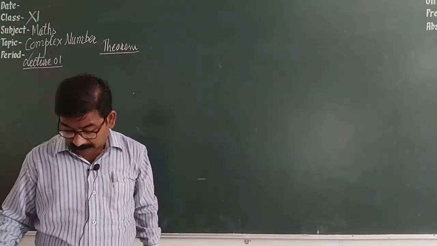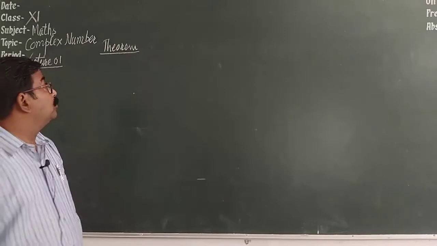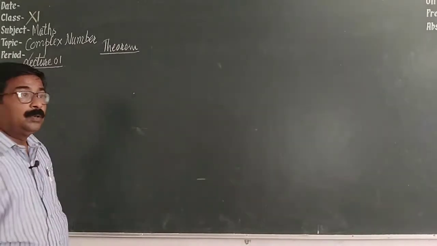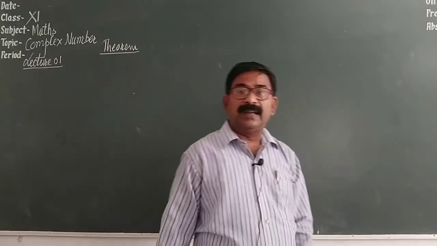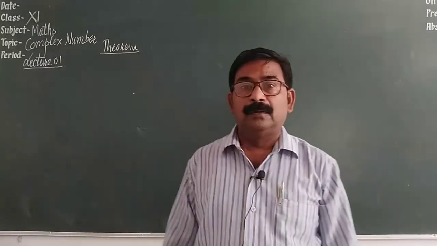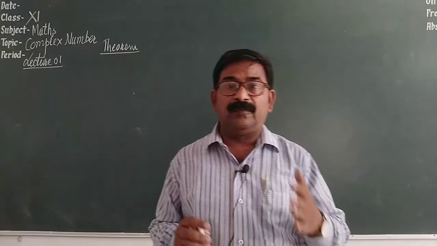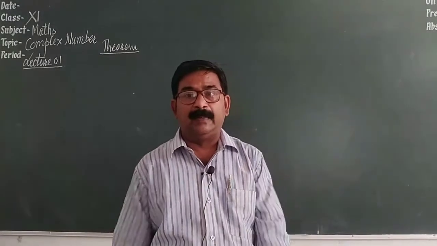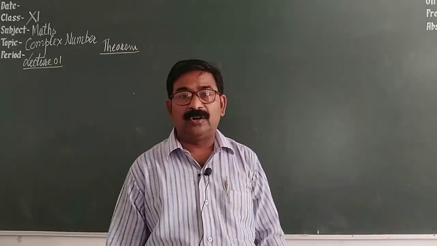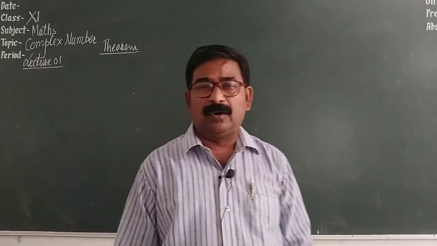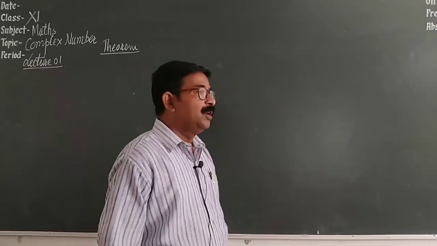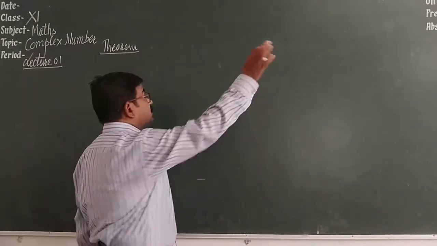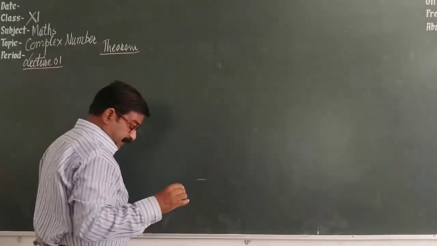Now before going to the next theorem, as I gave the definition of complex number, the combination of real and imaginary number is called a complex number, and it is noted as z.